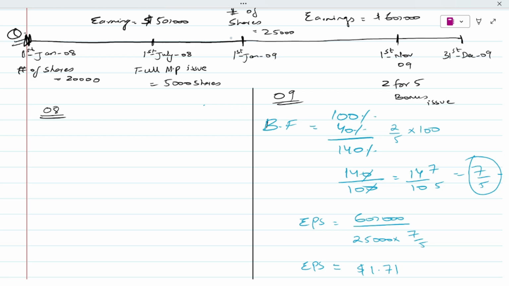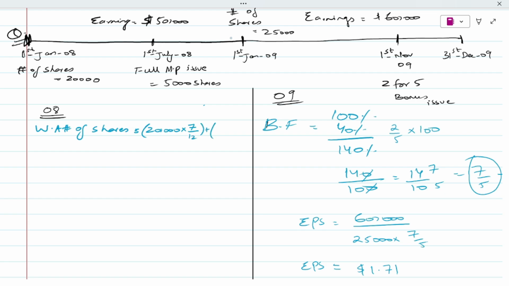Okay guys, for a full market price issue, as we just learned a few minutes ago, the first thing you are supposed to do is calculate the weighted average number of shares, right? At the beginning of the year, we have 20,000 shares in issue. From 1st Jan to 1st July, these are 7 months, so 7 over 12.